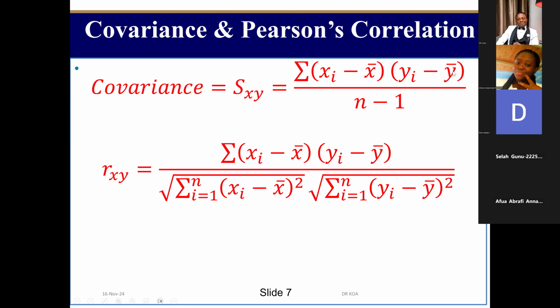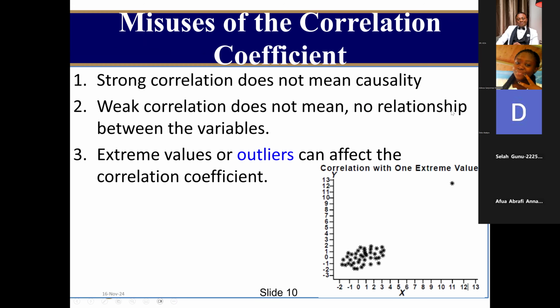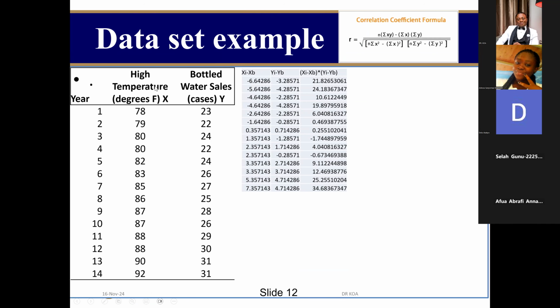Take the Y, subtract the mean of Y from it. That's what we're going to do here first. So where is the X? The X, we already have them. That is the temperature. Where is the Y? Y is the sales. So you take the X for each and subtract the mean of X. In fact, the mean of X has been calculated. You will see that somewhere like that.